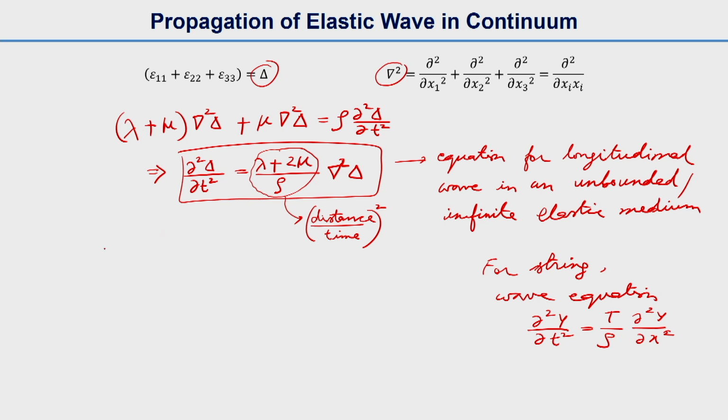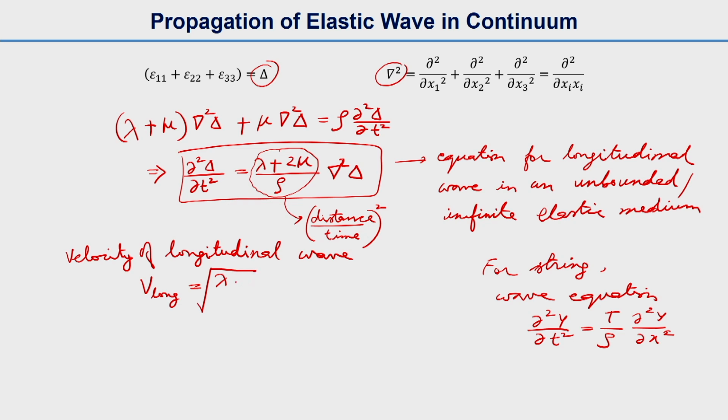From here we can tell that the velocity of the longitudinal wave, v longitudinal, is the square root of this ratio, lambda plus twice mu divided by rho.